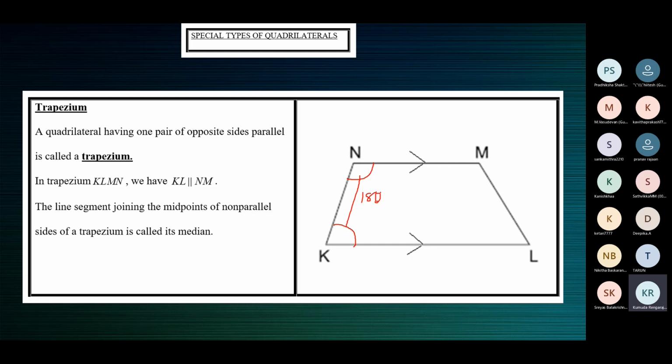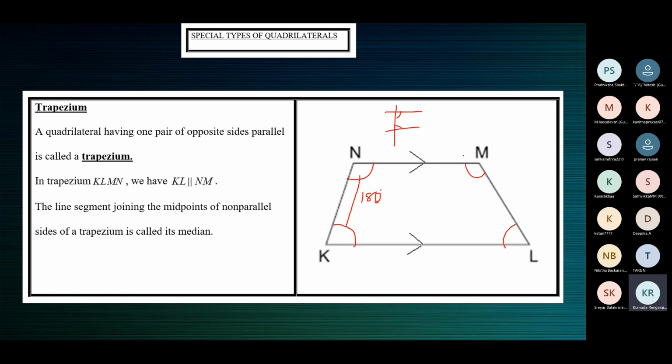Because they're co-interior angles, they're supplementary, because these two lines are parallel. Parallel lines, transversal: co-interior angles are supplementary. Here also, co-interior angles are supplementary because of the presence of parallel lines.